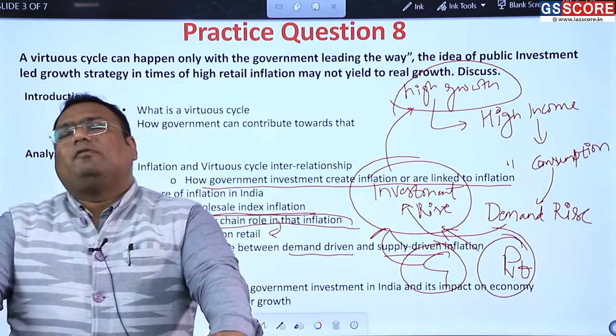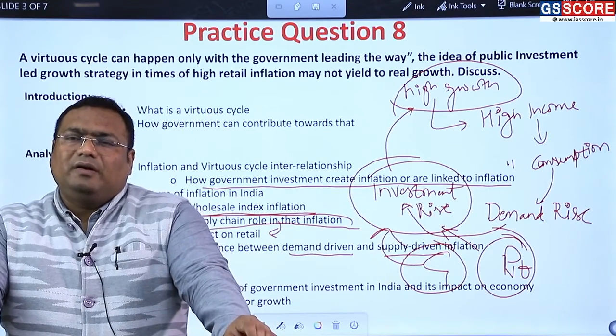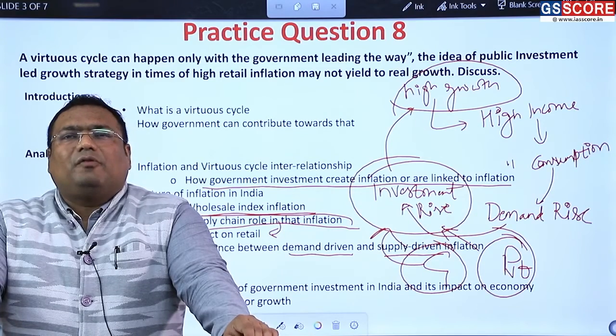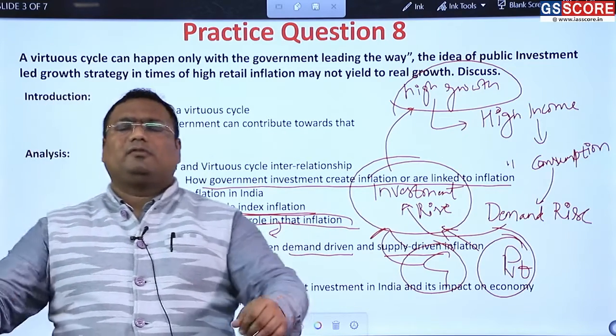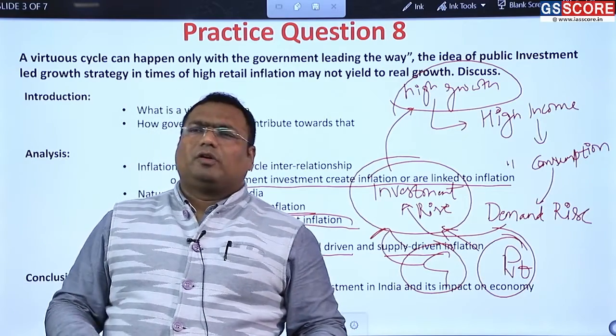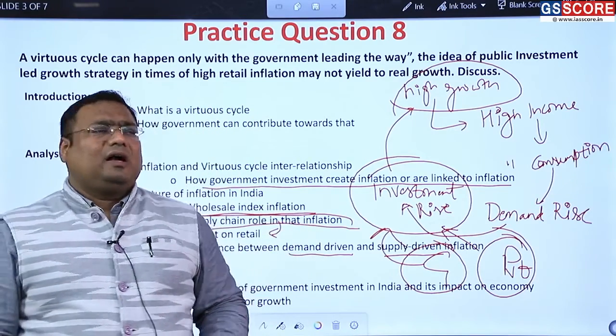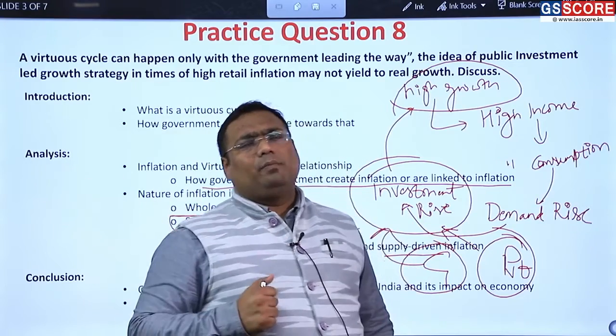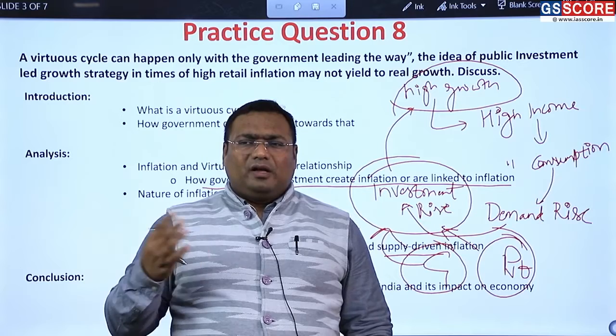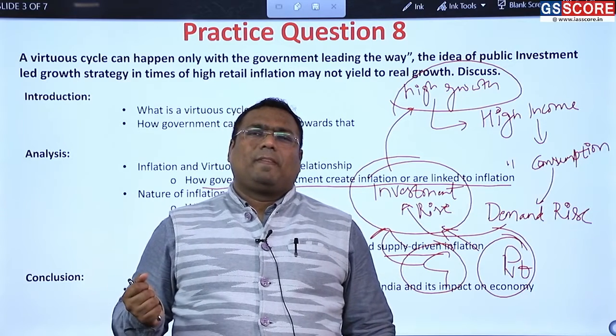Why does inflation happen when government invests? Because government distributes more money into the economy. When government invests in infrastructure, it creates a lot of jobs for construction workers and for other types of industries, and that extra money goes into the economy. The people who are getting money from this investment are going to create a lot of demand.